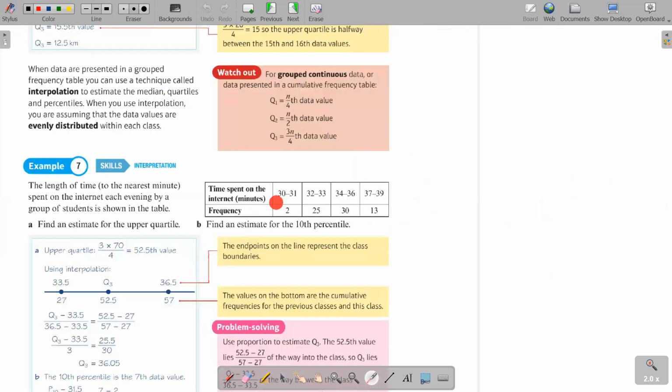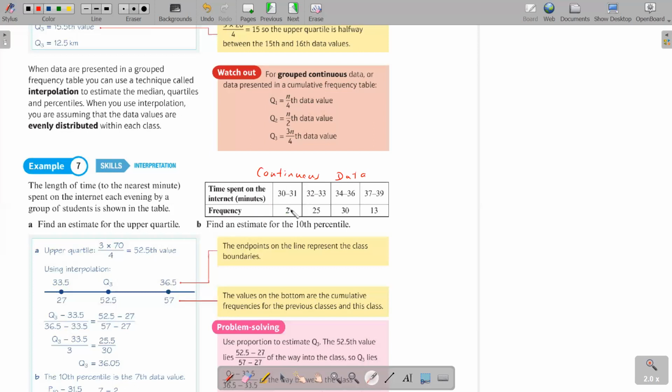But over here, I think you can clearly see we have a grouped frequency table. These are called grouped frequency tables because you have groups at the top. The moment you set your eyes on a grouped frequency table, you must immediately understand that this represents continuous data. Why? Because for example, here the time spent on the internet in minutes, they have given between 30 to 31, and there are two students.